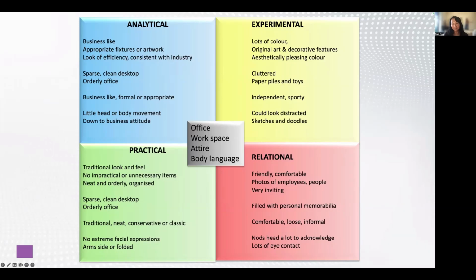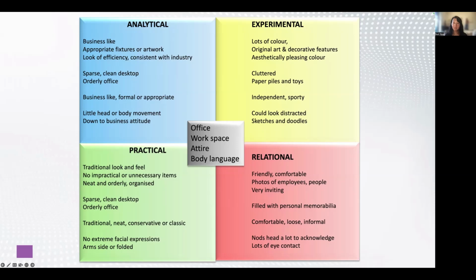And this is built for someone who's working in an office. And we're going to look at how this type of person might dress and what their body language might be. So looking at the analytical person, their office can be very business-like. They'd have some artwork or some fixtures, which are all very appropriate for their professional environment. It has this look of efficiency, which is consistent with the industry that they work in.